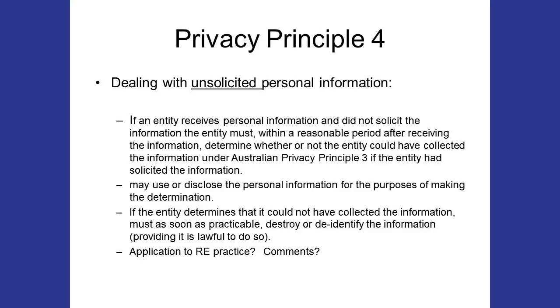You then have to look at, well, could I have received that information by soliciting, by asking for it? If you determine that you could have done that reasonably, you can choose to use it. If you decide that no, you couldn't reasonably have got that information through solicited means, you then have to make a decision about whether you destroy it, or you should, as soon as practical, destroy it, or at least de-identify the information.